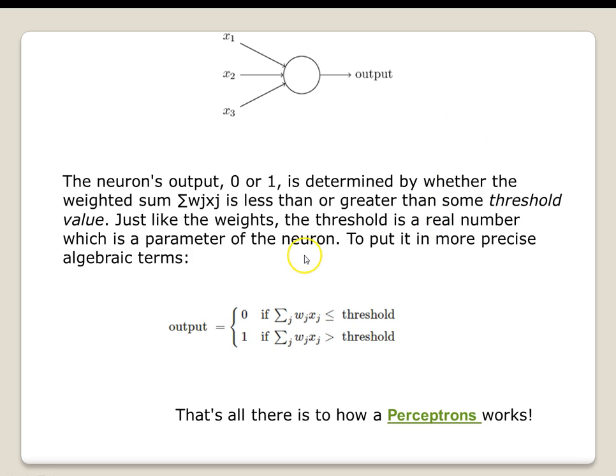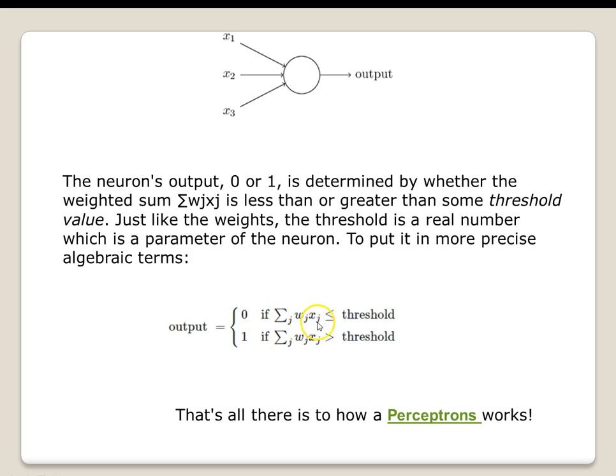Okay, to put it in more precise algebraic terms, so the output is going to be what? Either 0 or 1. And it's going to be determined by what? If the input, okay, now first of all, get used to this. Does everyone recognize this as the input? Okay, this is the input.